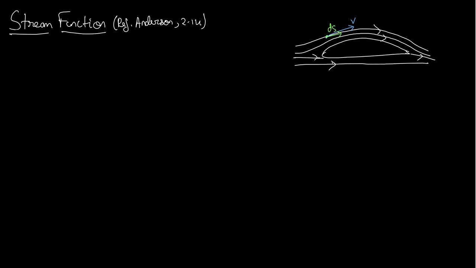So we can say that the condition for a particle to follow or lie on a streamline would be ds cross v equals 0, because they lie on the same plane and their cross product would be 0. And suppose I take my ds vector to be dx i cap plus dy j cap plus dz k cap, and I take my v vector to be u i cap plus v j cap plus w k cap.